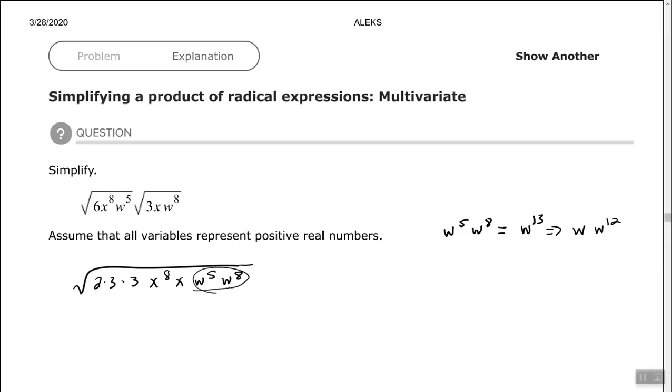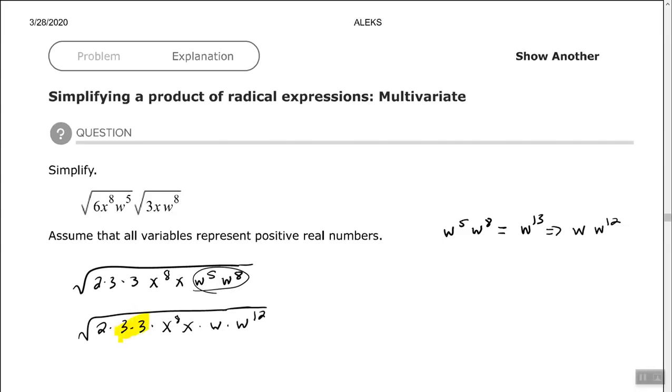So let's rewrite this thing here. It's still the same thing, just written in a different form, which allows me to take the square root of that and fully simplify it.